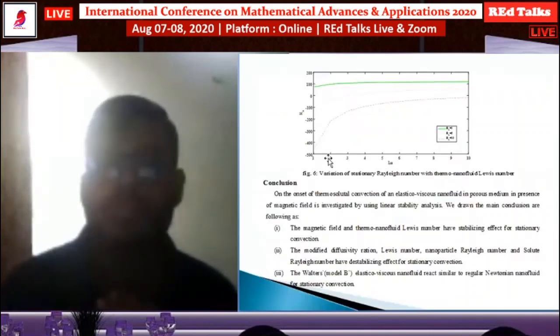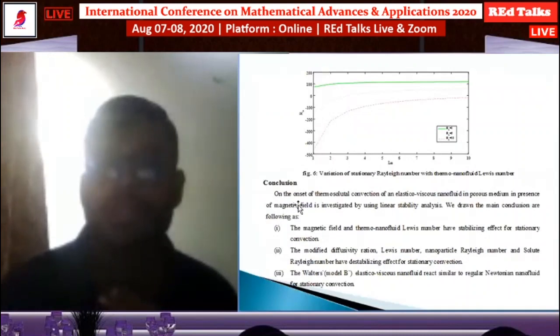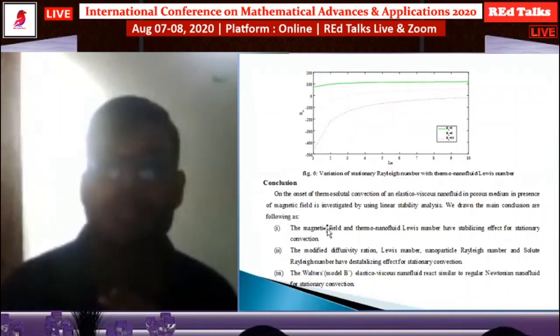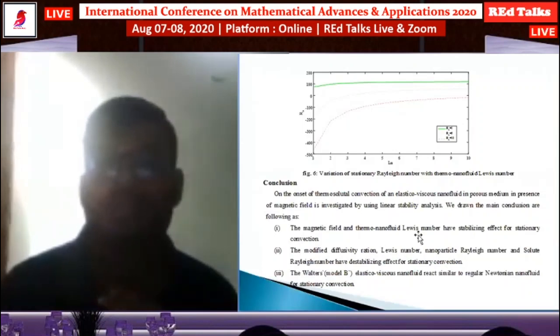The onset of thermosolutal convection of an elastico-viscous nanofluid in a porous medium in the presence of a magnetic field was investigated using linear stability, and we draw the main results as follows. First, the magnetic field and the thermo-nanofluid Lewis number have a stabilizing effect for stationary convection.